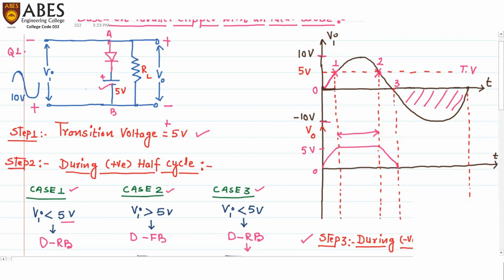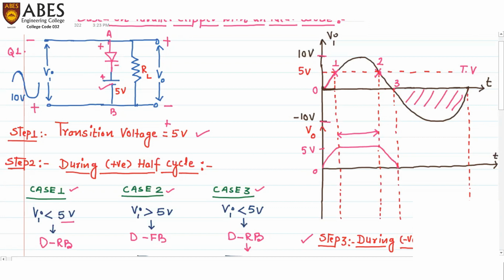Here also, we will see whether the diode is forward biased or reverse biased. First start with the input voltage. The negative terminal of the input is connected to the positive terminal of the diode. So the input voltage will make the diode reverse biased. Now let's check with the battery voltage. The positive terminal of the battery is connected to the negative terminal of the diode.